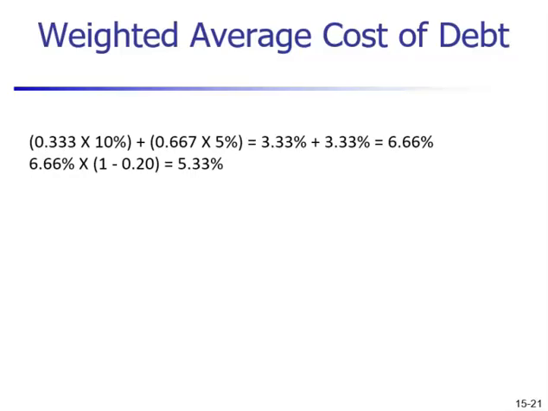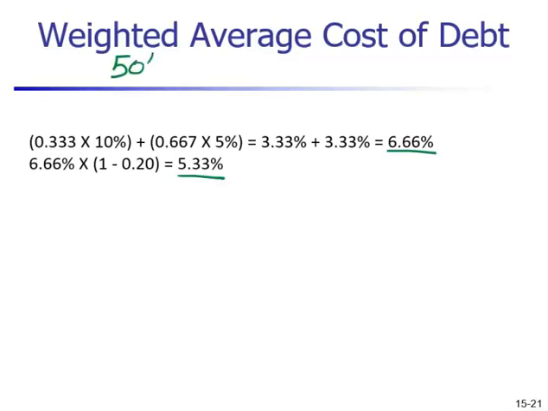Weighted average cost of debt, the real and nominal. You can see it here. Here it is the nominal one, and here is the real one. Let's go first for the nominal one. We have, for shop C, 2 loans.